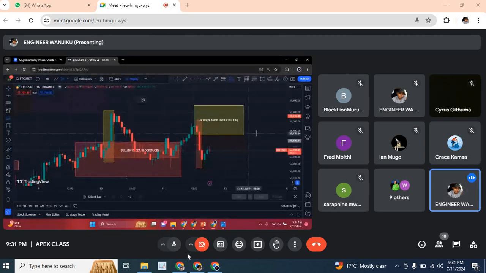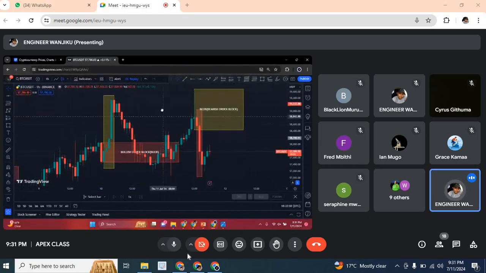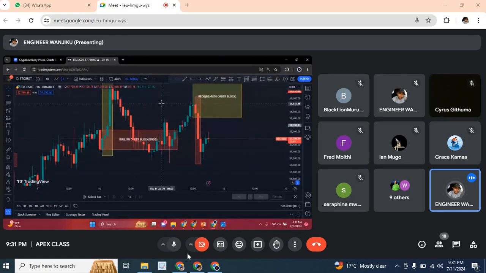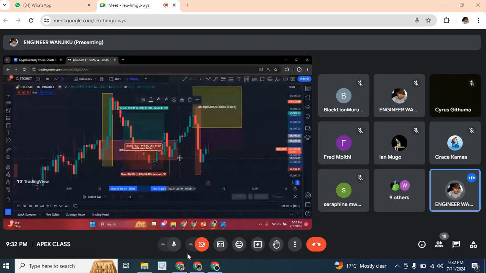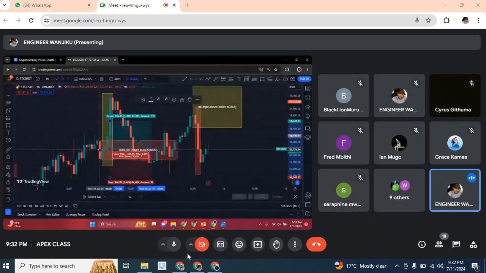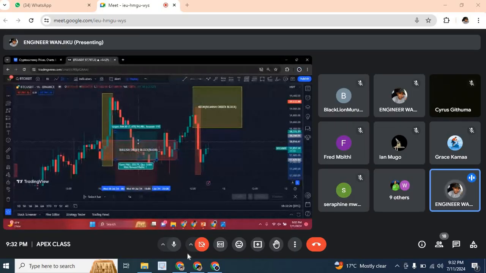Also, you can trade it differently. Let me delete this to show you something. Here we have our order block. There are three ways you can have your entry prices. I can have my position tool. I can decide my entry to be at the tip of that order block, 50% of that order block, half of that order block, or the bottom of that order block.